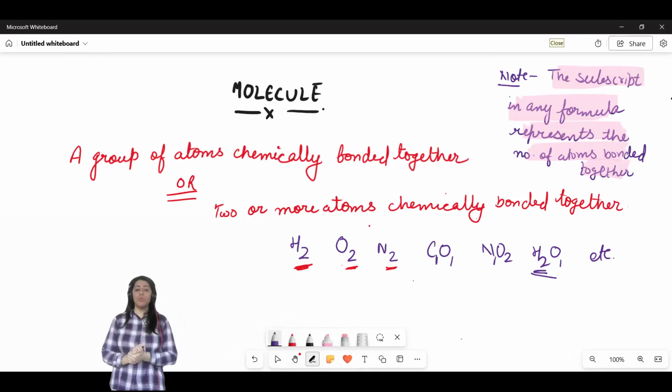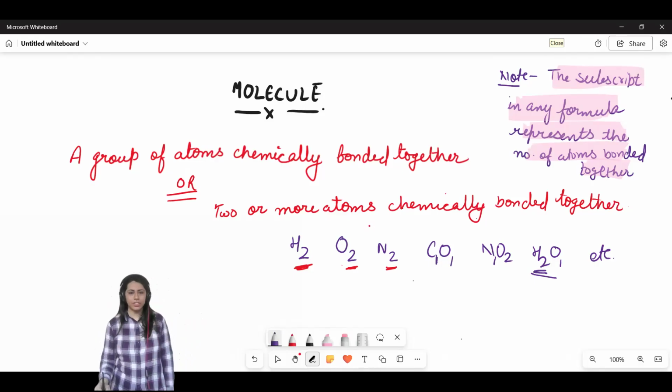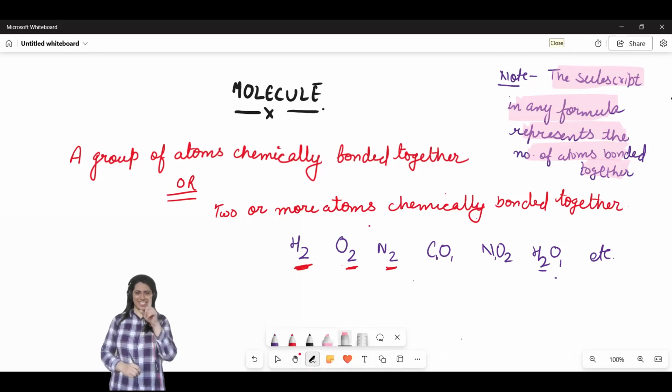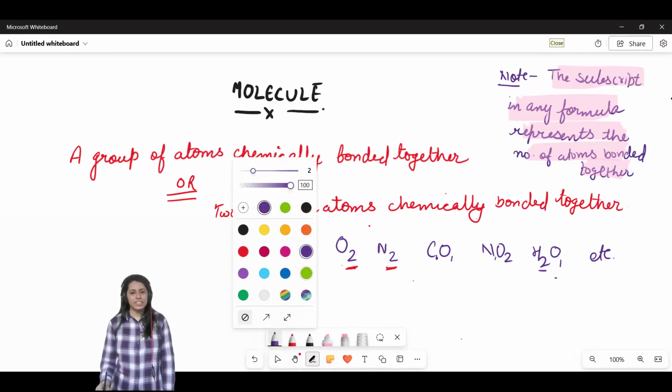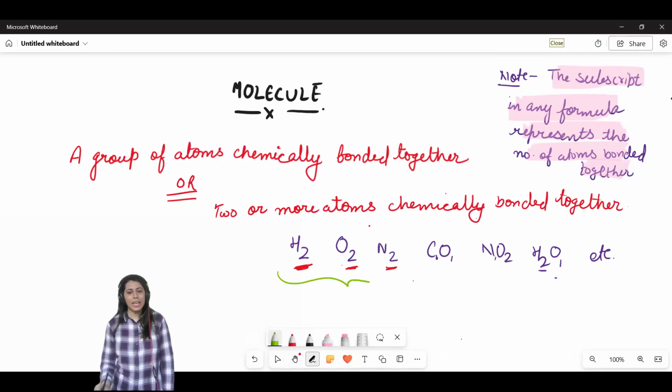Okay. Now moving on, can we see some difference in these molecules we have written? What is the difference? Think about it. Yes, I know you're thinking that, ma'am, in these first three molecules, we see the same kind of atoms bonded together.